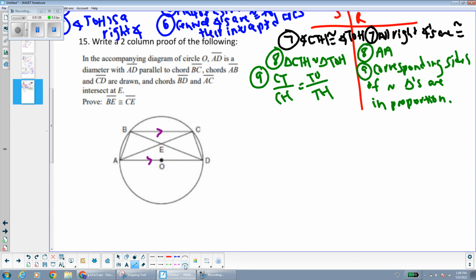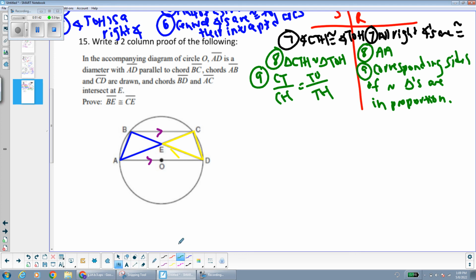BE is part of one triangle, and the other one is CE. So it appears to me I'm going to be proving this triangle and this triangle congruent to each other, because then we can prove BE congruent to CE because of CPCTC. They're corresponding parts of triangles that we are going to prove congruent to each other.